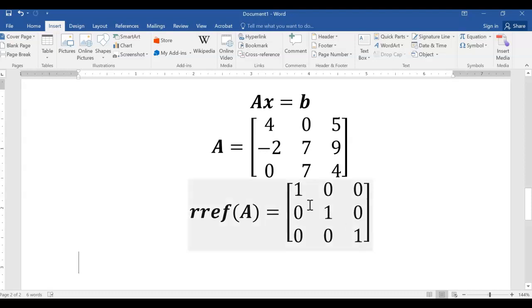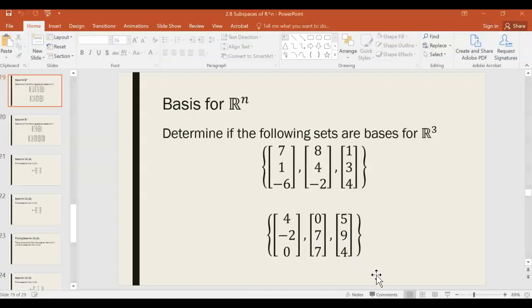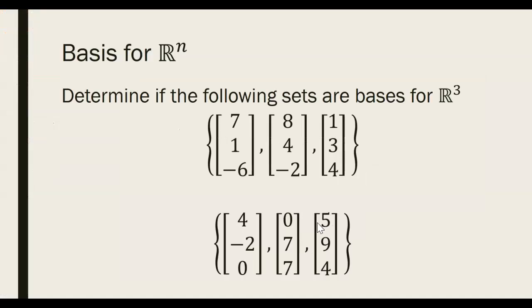It also shows me, because I have 3 pivot columns and no free variables, that the original vectors were linearly independent. So the set containing those vectors is in fact a basis. So this first one is not a basis. The second one is a basis.